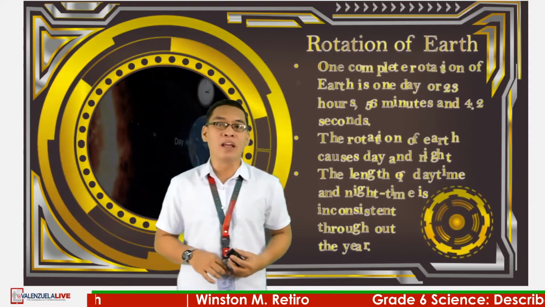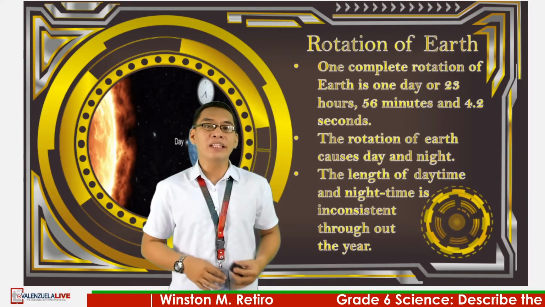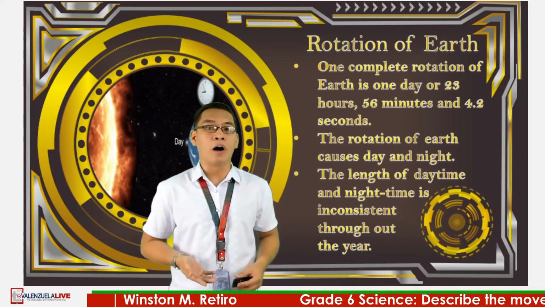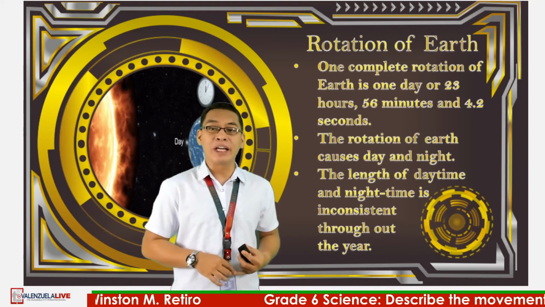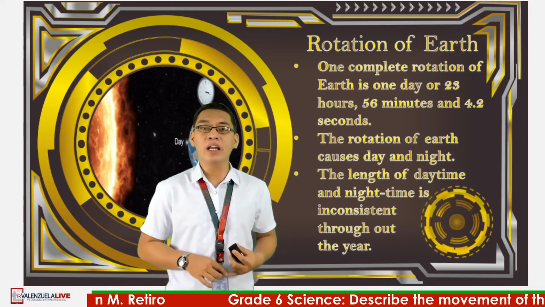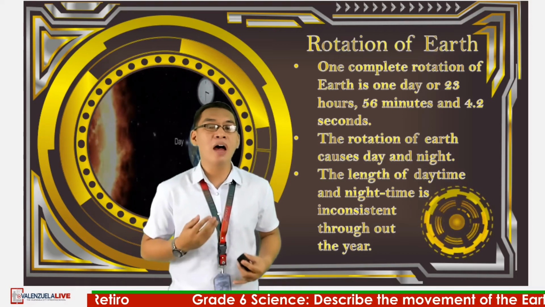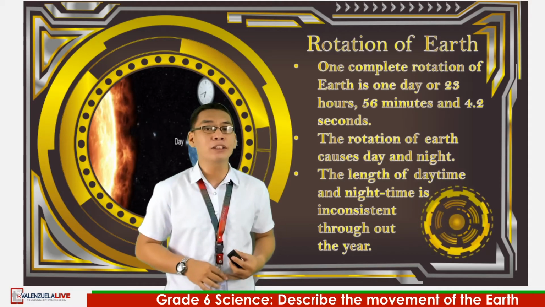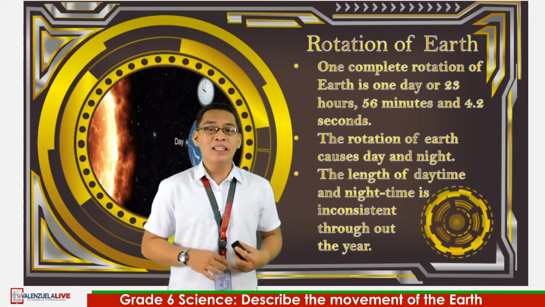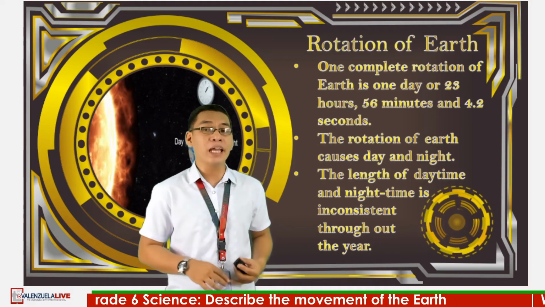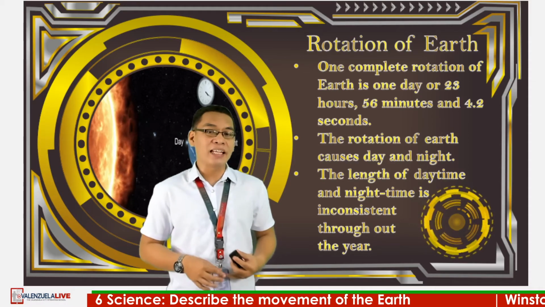Different regions on Earth receive different amounts of sunlight due to Earth's tilt. The southern and northern hemispheres have opposite seasons because of Earth's tilt. This is the other reason why we experience different seasons.